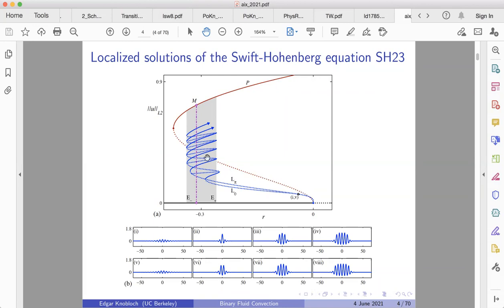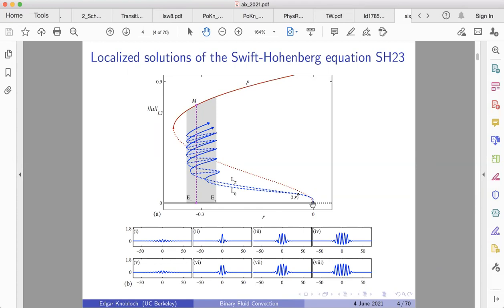But eventually it stabilizes at a fold here, and then it becomes stable along the upper part of the branch. So this is a situation where you have bistability between a pattern state labeled P and the trivial state here, U equals 0 in black.